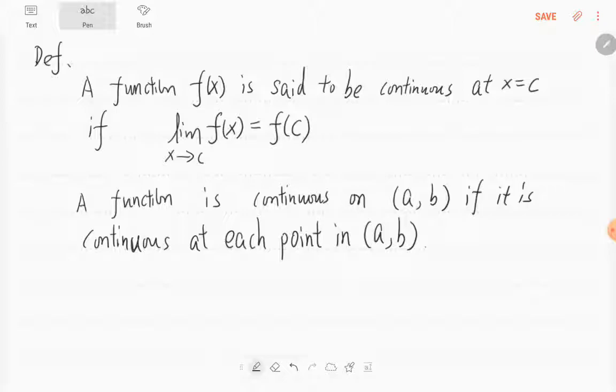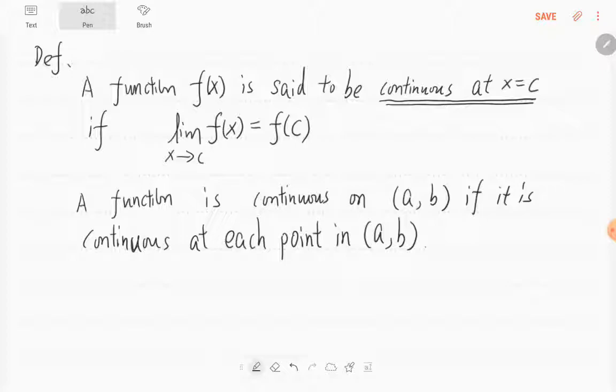So this is the definition. A function f of x is said to be continuous at the point x equals c if the limit as x approaches c is equal to just plugging in the number c, which is equal to f of c. Then we say this function is continuous at x equals c.